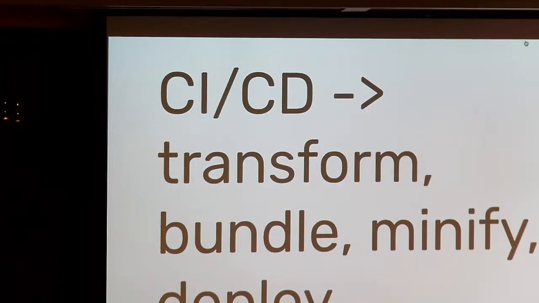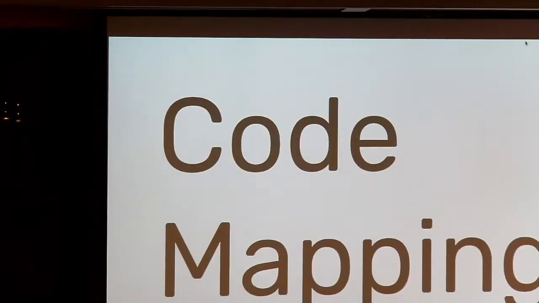Your CI, continuous integration, continuous deployment pipeline, will transform, bundle, and minify your code. We need a way to reverse engineer that process, which is why we have something called code mappings.